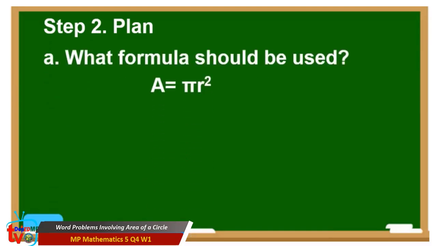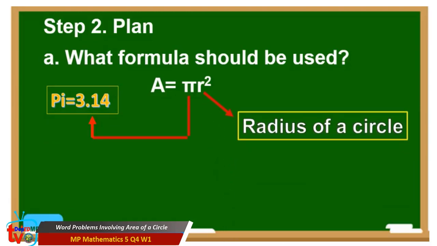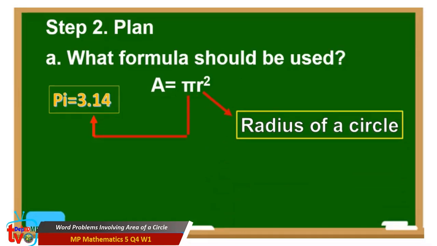We are going to use the formula area equals pi times square radius, wherein pi is equivalent to 3.14, and r is the radius of a circle. Square radius means radius times radius.